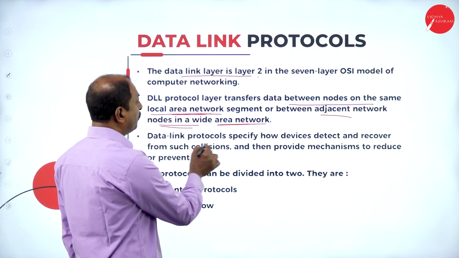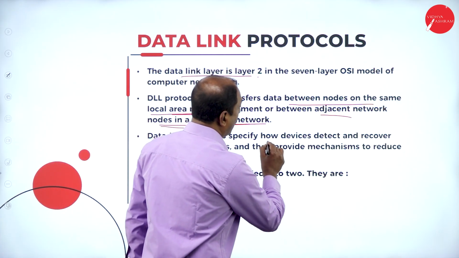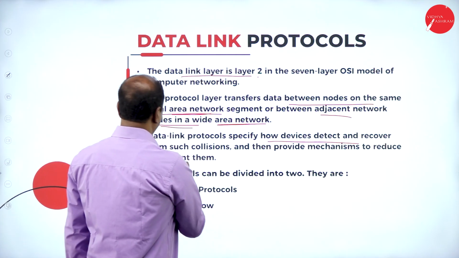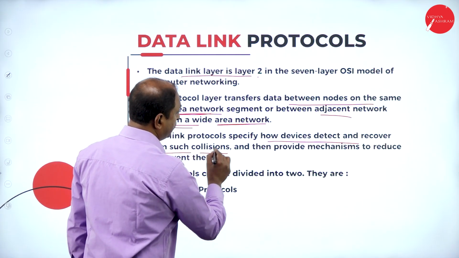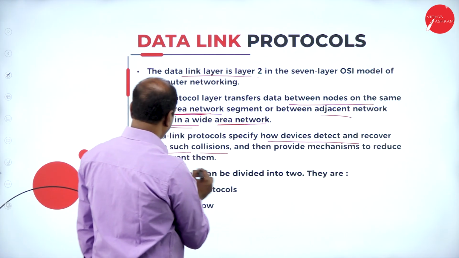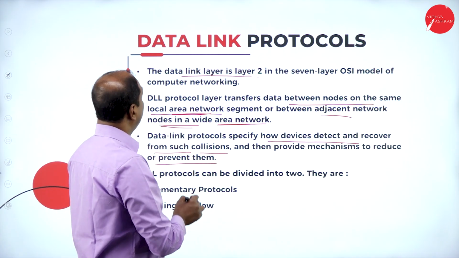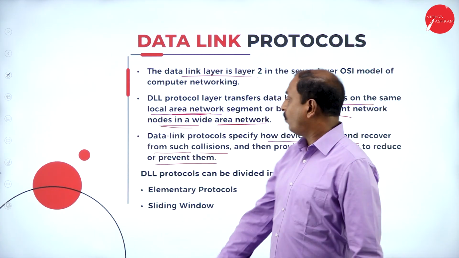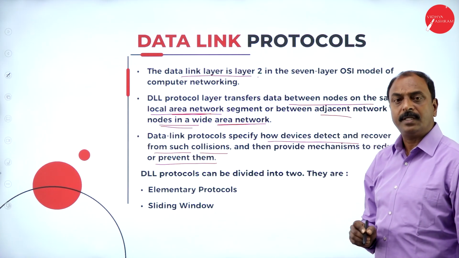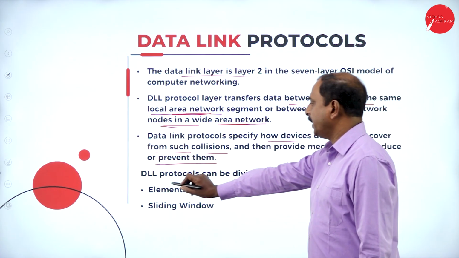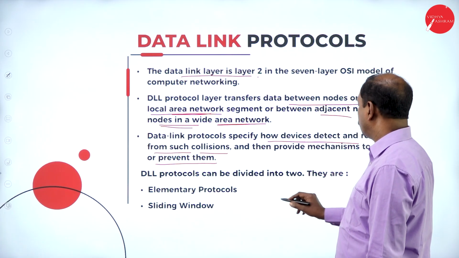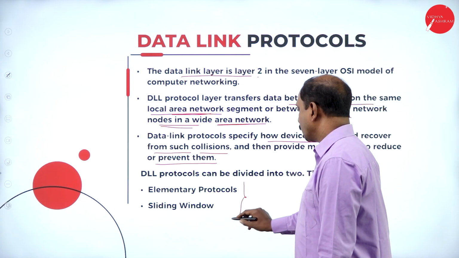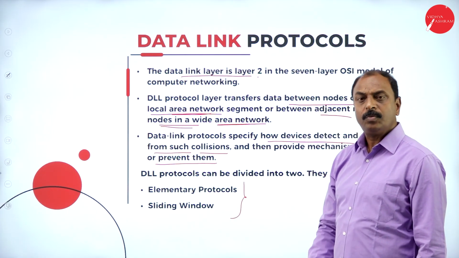This data link protocol specifies how devices detect and recover from such collisions, and provides mechanisms to reduce or prevent the collision. So another responsibility is to avoid collision during data transmission. Next, DLL protocols can be divided into two. They are elementary protocols and sliding window protocol.